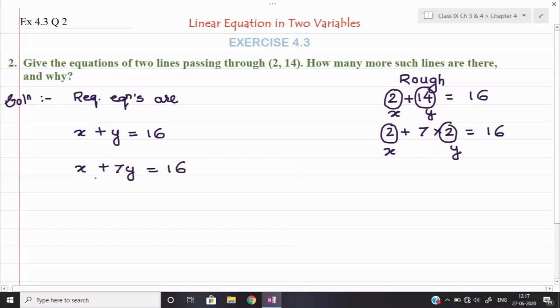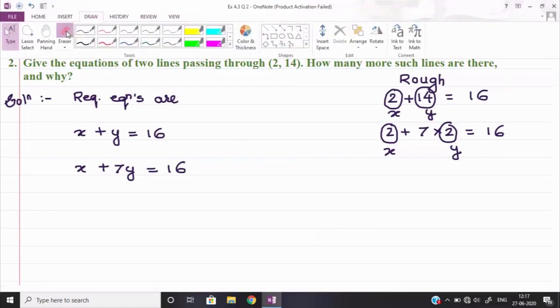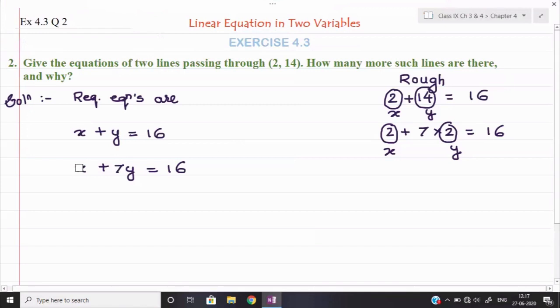Put x and y equal to 2 comma 2. Acha, one mistake we have done here. We required only the point 2 comma 14. So it is better we rub this one. We can take some other example. This is not working. First one is right, 2 comma 14 if I put, then it is going to work, but x equal to 2 and y equal to 2 if I take, it will not work.